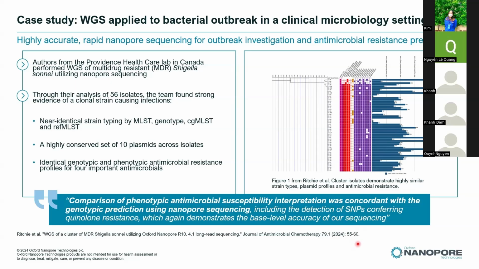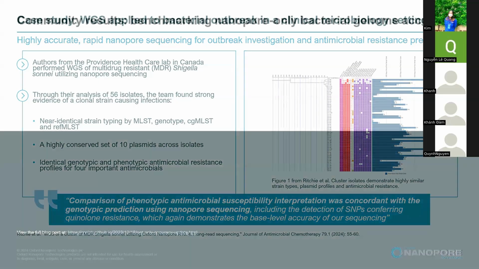This analysis also showcased the base-level accuracy of nanopore sequencing, particularly in predicting antimicrobial resistance directly from the genomic data. So I think this is really valuable work that showcases that, in an outbreak scenario, nanopore sequencing can allow for rapid intervention and better inform clinical decisions.